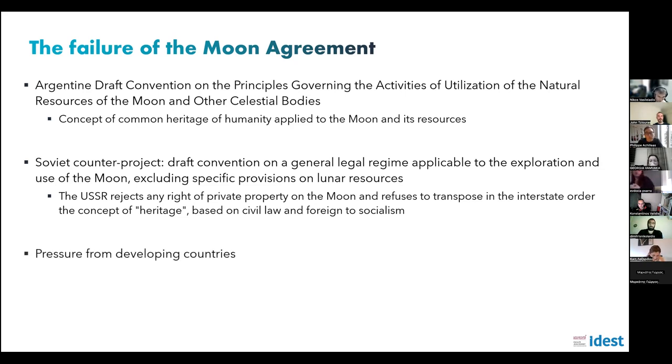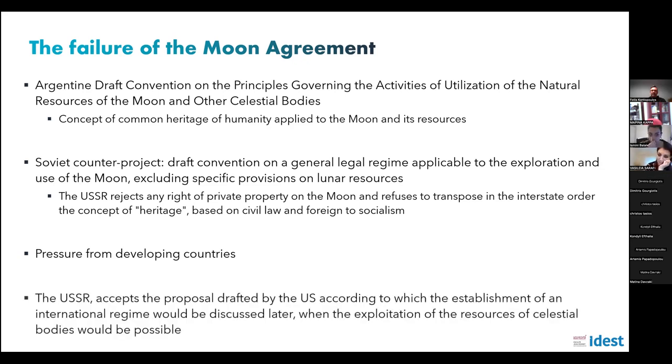So developing countries tried to convince the Soviet Union to discuss the concept of common heritage of mankind. And finally, because the US government was in favor of the adoption of the treaty with the concept of common heritage of mankind, the USSR accepted the proposal made by the US.